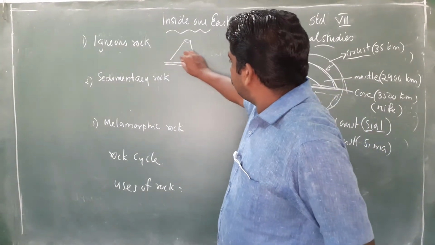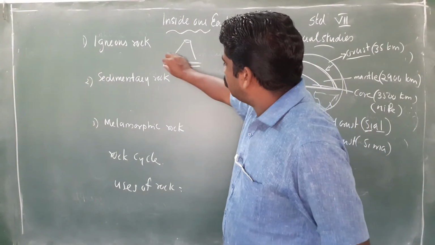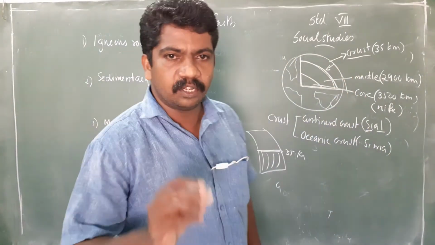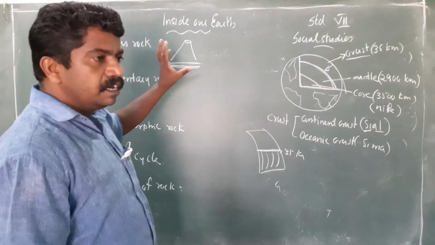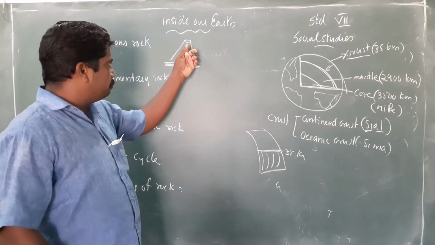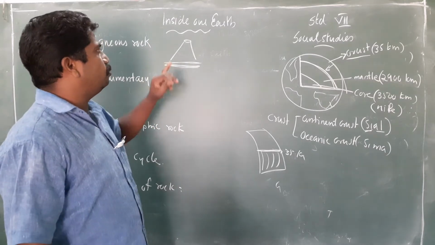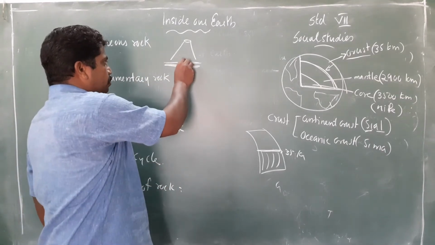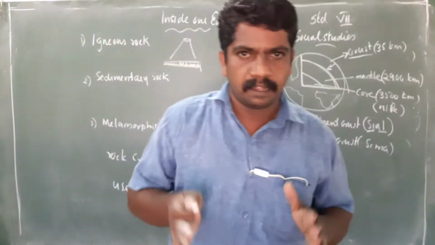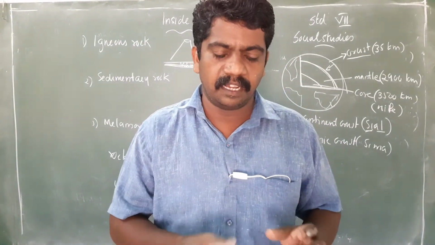Then inside the volcano there is very hot and liquid form of rocks. Liquid form of very hot rocks or minerals are available inside the volcano. This is called magma. Inside the volcano there is magma. They are liquid form.